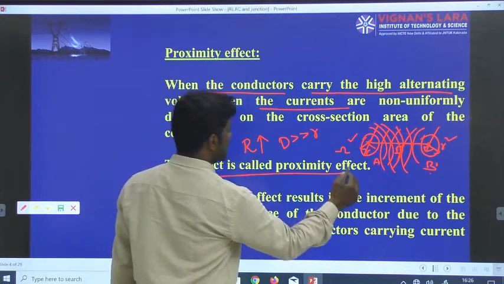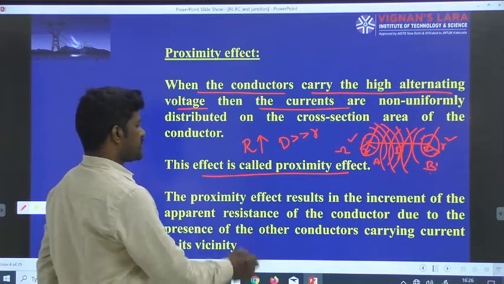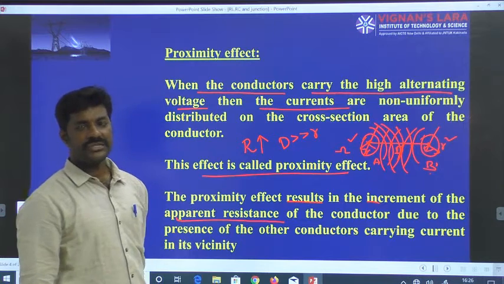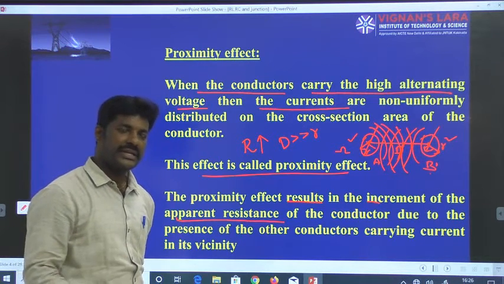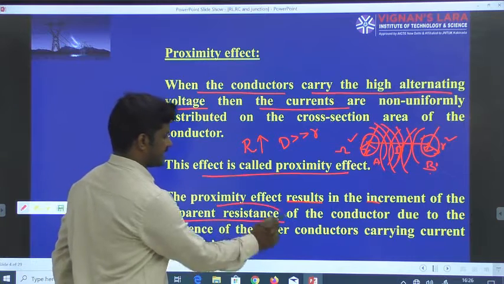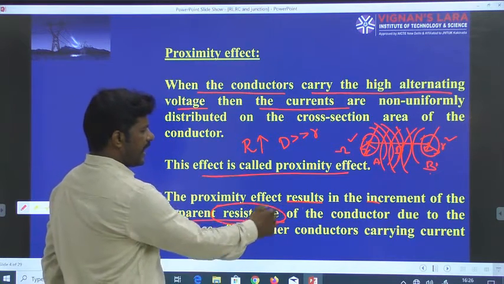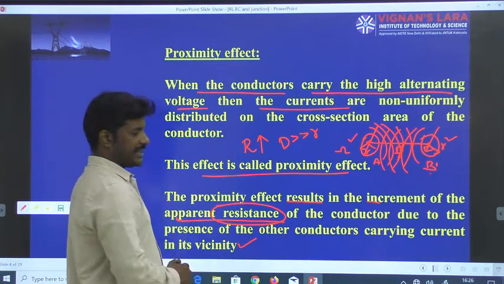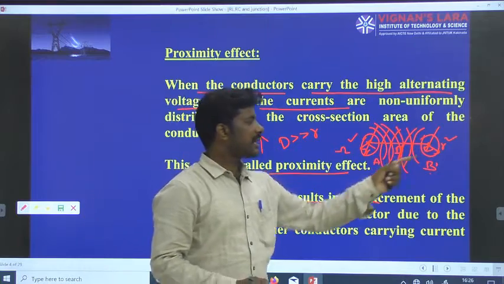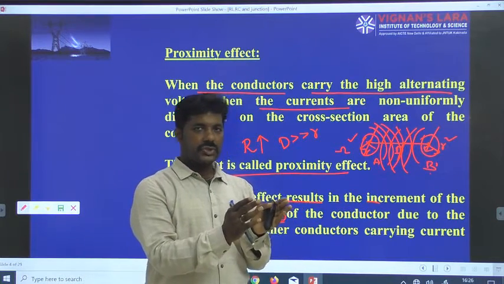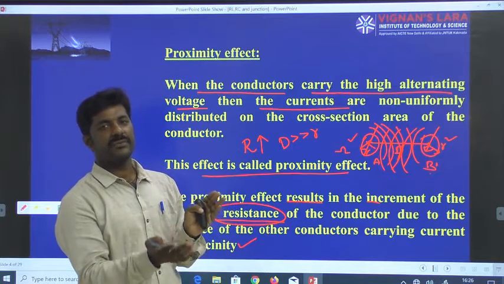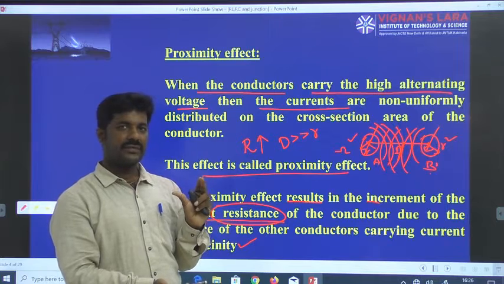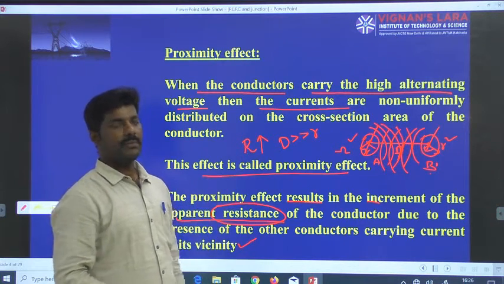This proximity effect results in an increment of the apparent resistance. Similar to the skin effect, the proximity effect also increases the magnitude of the resistance of the conductor due to the presence of other current-carrying conductors in its vicinity. So one conductor will affect the performance of the other, and the resistance changes due to this proximity effect.